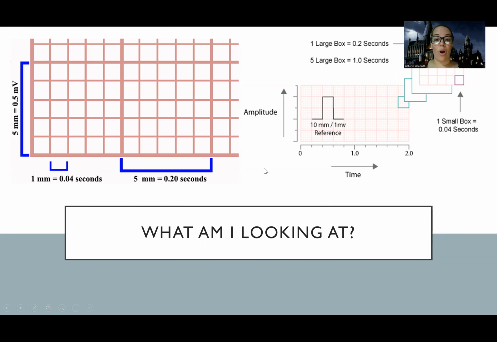We need to know how long it's taking for the heart to talk to each other, how long it's taking for a beat to happen, because all of these indicate that there's something abnormal. If my timing's off, my electricity's off, then that contraction may not happen the way it's supposed to, or it can be a sign that I'm in a dysrhythmia or abnormal rhythm.